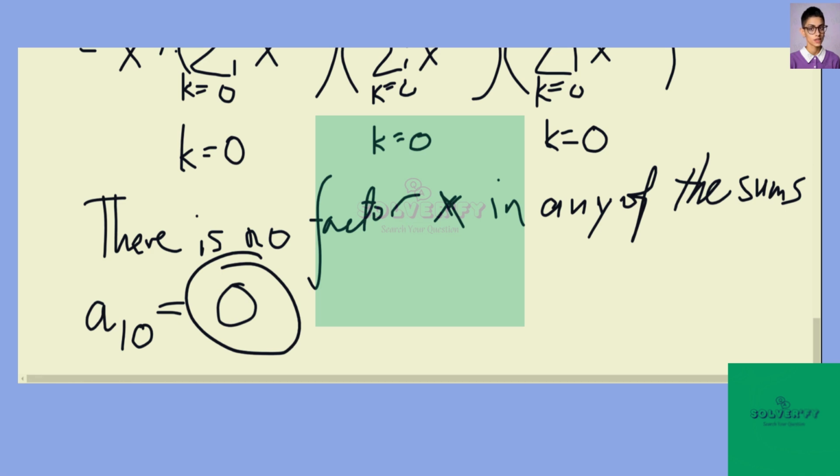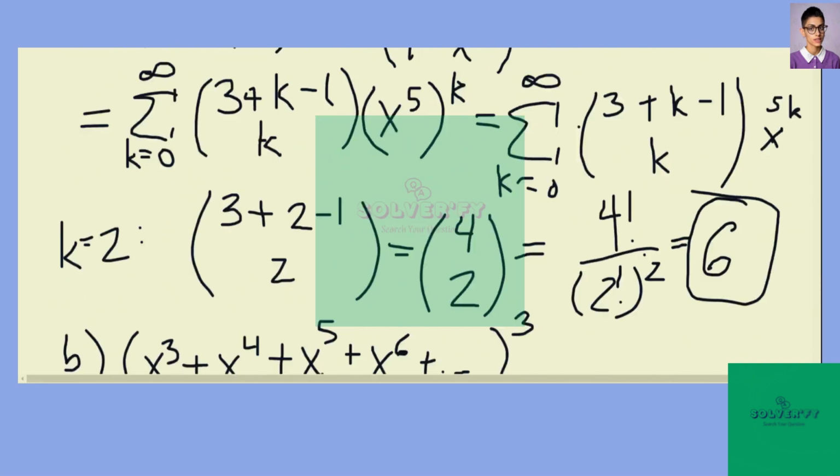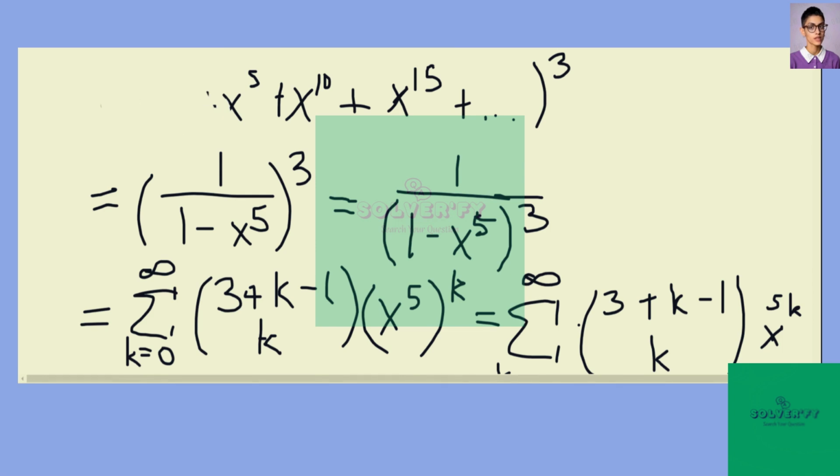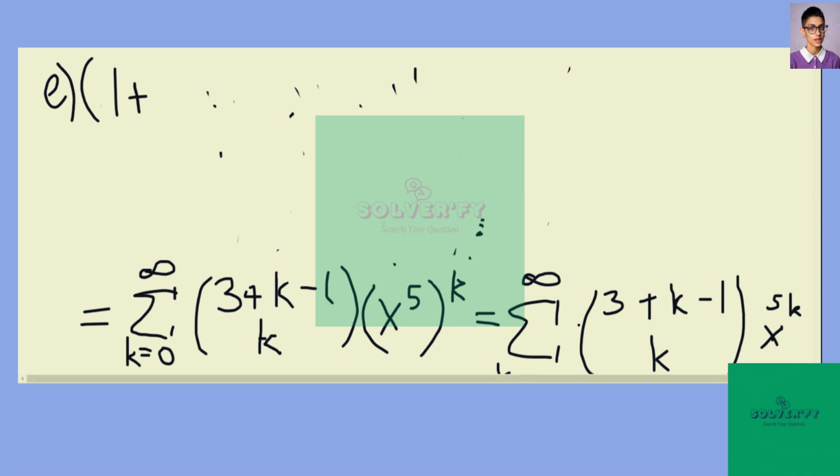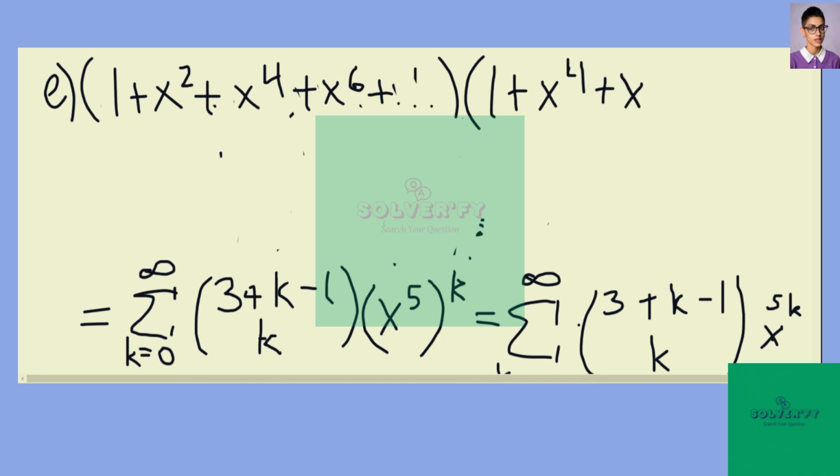In part E, we're given the function 1 plus x squared plus x to the 4th plus x to the 6th plus x to the 8th, times the function 1 plus x to the 4th plus x to the 8th plus x to the 12th, times the function 1 plus x to the 6th plus x to the 12th plus x to the 18th.